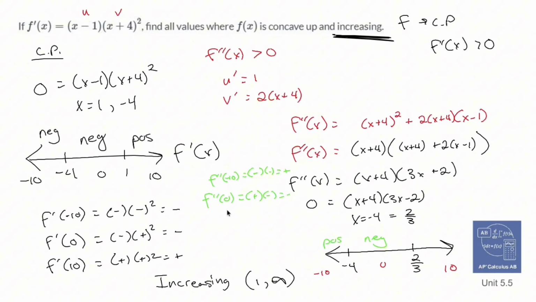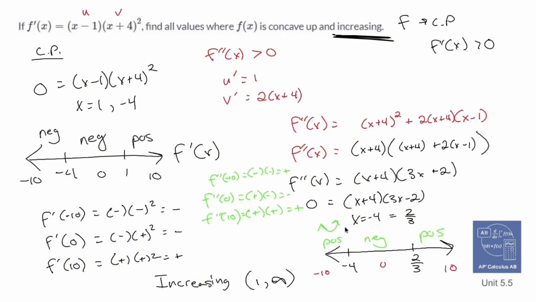And if I plug in 10, I get positive, and then 3 times 10 is 30. 30 minus 2 is still positive, so positive. So I want concave up.